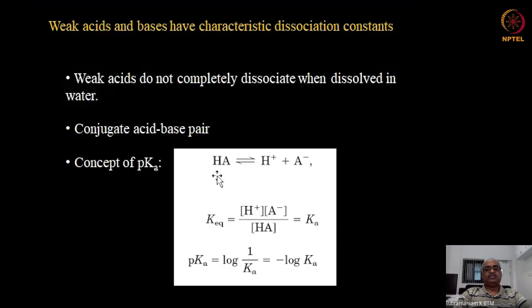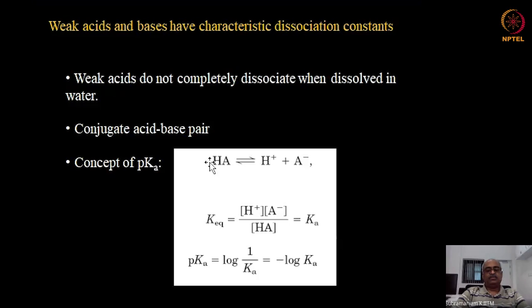So this weak acid, and this base that is formed as a result of dissociation of this acid, these two together we call a conjugate acid-base pair. So this is a conjugate base for this weak acid, HA.